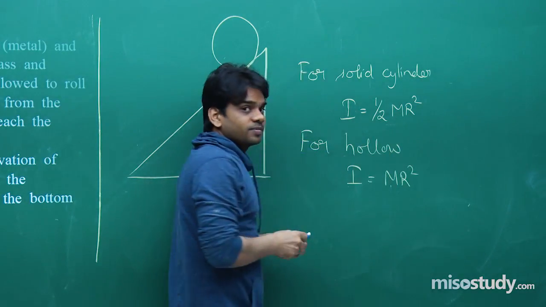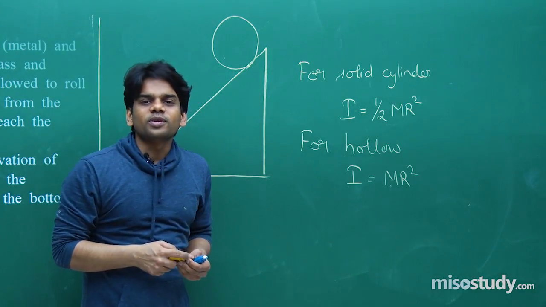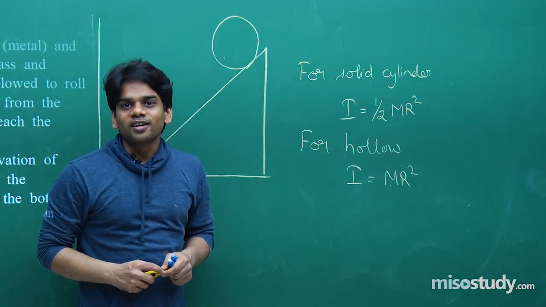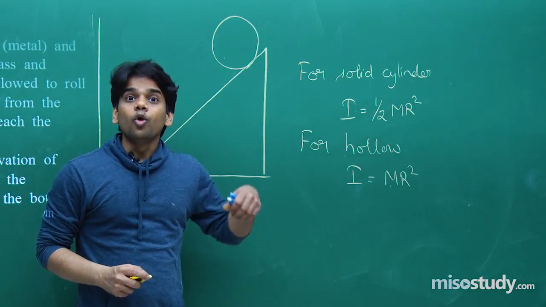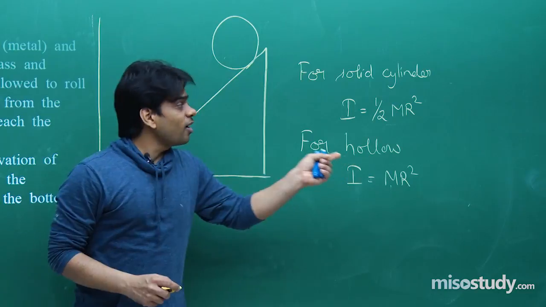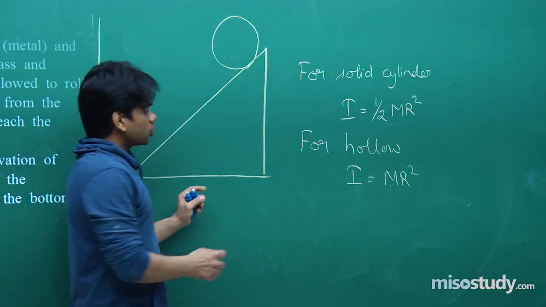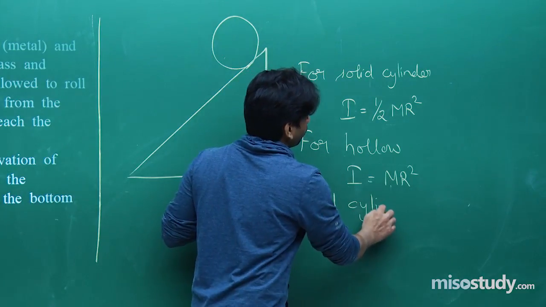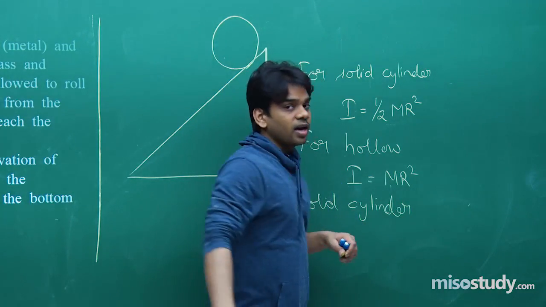This is lesser. You frame equations as I did in question number 6 and try to find linear acceleration. That will be dependent on moment of inertia. So the lesser the value of moment of inertia, the more will be the acceleration. With more velocity, it's going to reach the bottom first. So the solid cylinder will reach first, with more velocity.